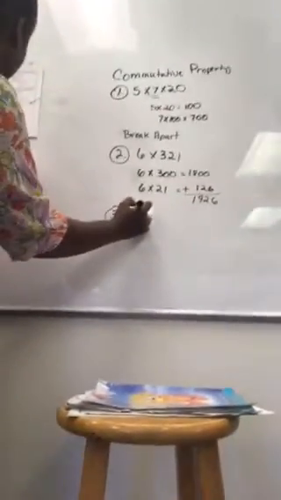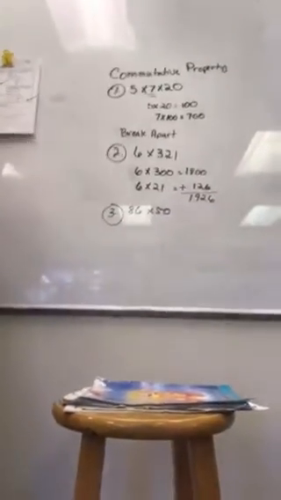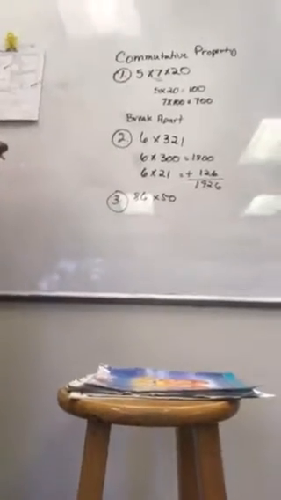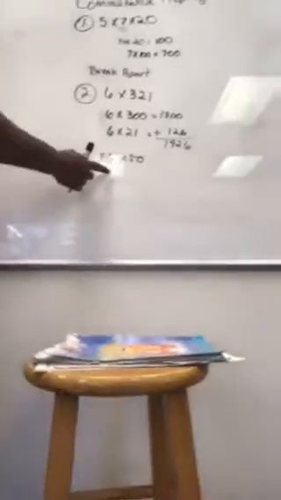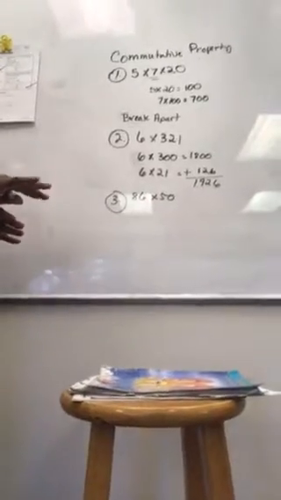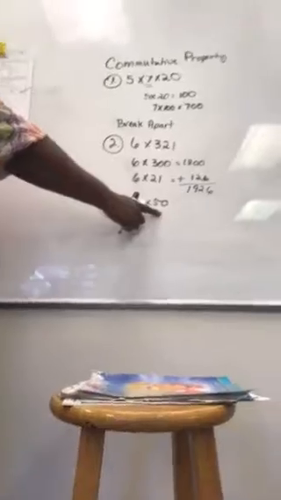Number 3 is 86 times 50. In this particular case, we're going to use the halving and doubling process to come up with the final answer. Instead of breaking this in half, we're going to double that number. Remember, in our other problem, we broke it in half. In this particular case, in order to make math easy, we're going to double it.